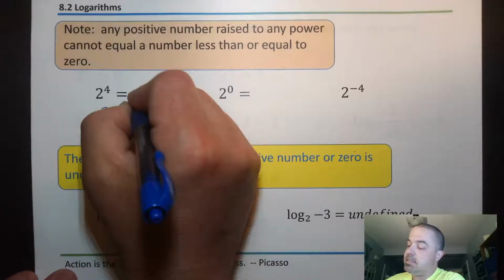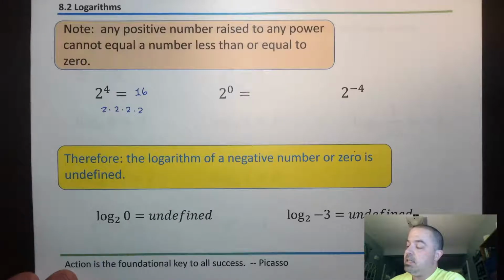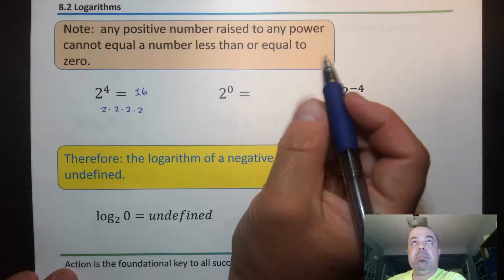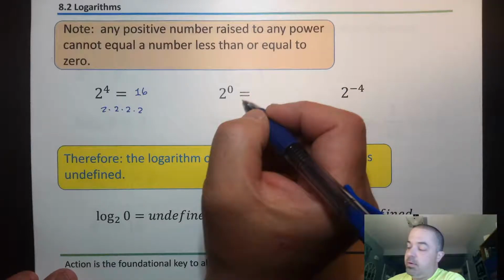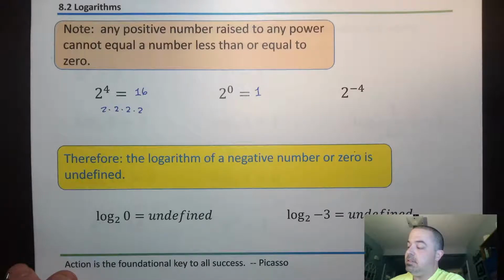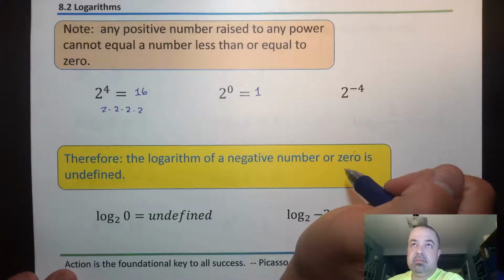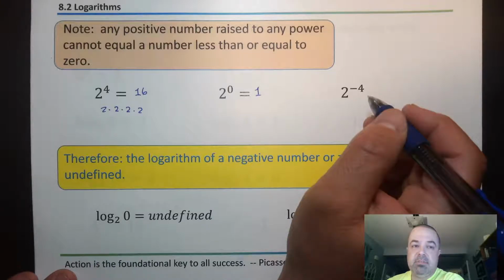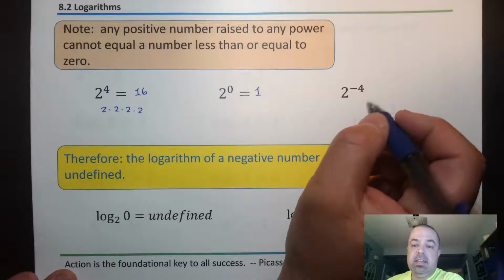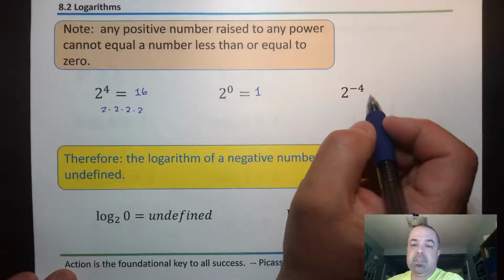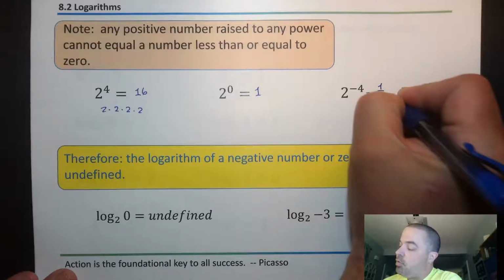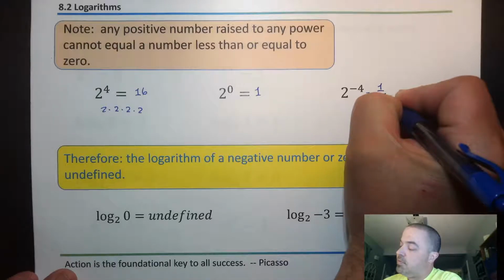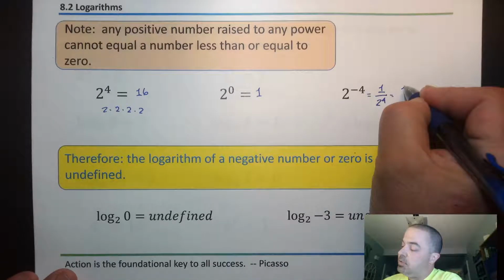That's 16. 2 to the 0: if I remember my exponent rules from Algebra 1, anything to the 0 power is 1. 2 to the negative 4th, well, what's that like? Going back to Algebra 1 and my rules of exponents, if I have a negative exponent, it's going to flip over and lose its sign. So this is actually 1 over 2 to the 4th, which is equal to 1 over 16.